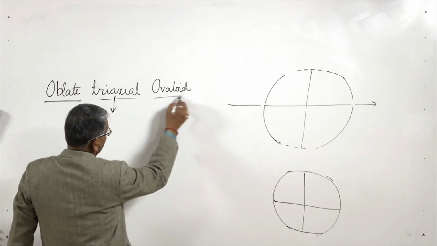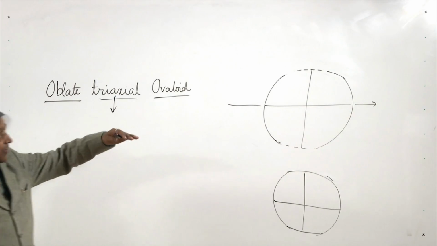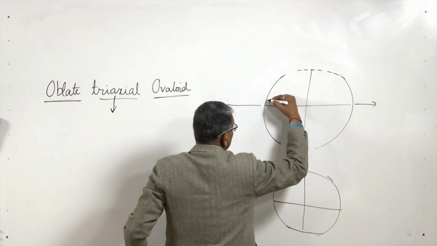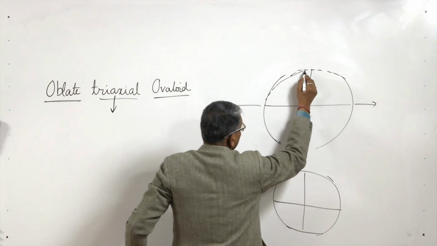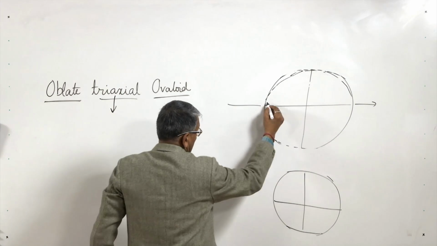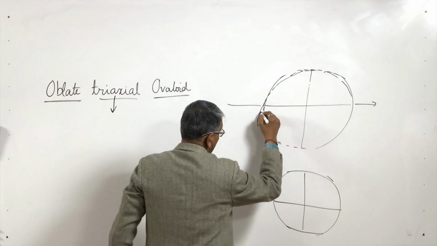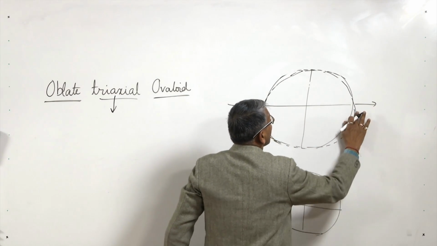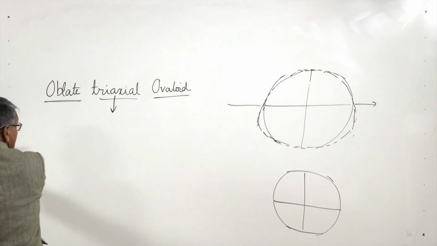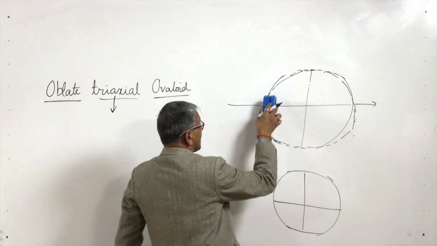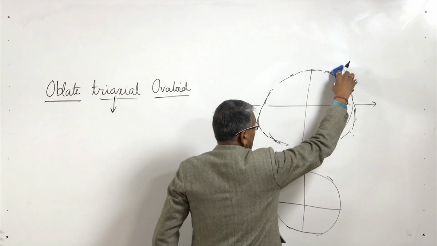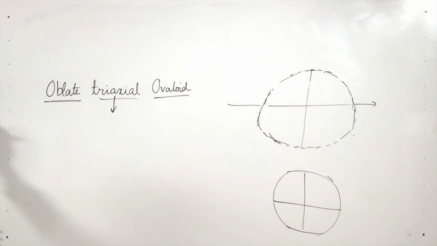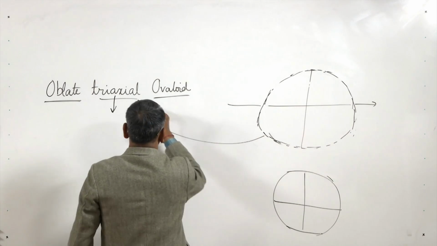Then ovaloid: it is not only flattened along the north-south direction, the northern hemisphere is also a bit less and the southern hemisphere is a bit dilated, like an egg. So ultimately the shape of the earth is something like that. So this is called oblate, triaxial, ovaloid.